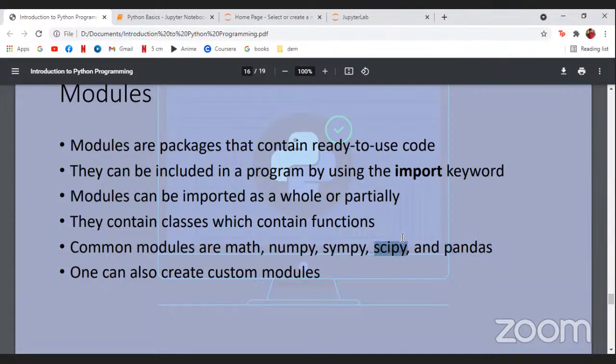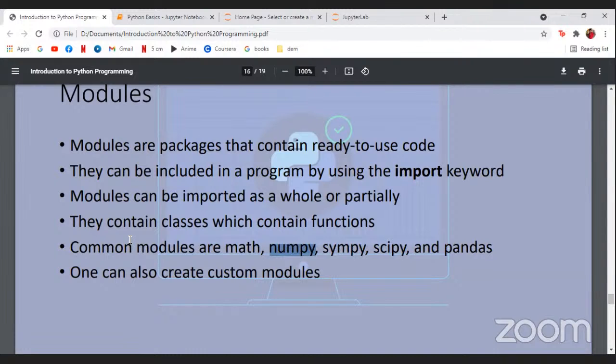SciPy is very important for scientific calculations, because it has all the mathematical stuff you'll need for scientific computations. SymPy is used mostly for algebra, and if you're writing any kind of expression, you'll use SymPy. NumPy is used for things like matrices.